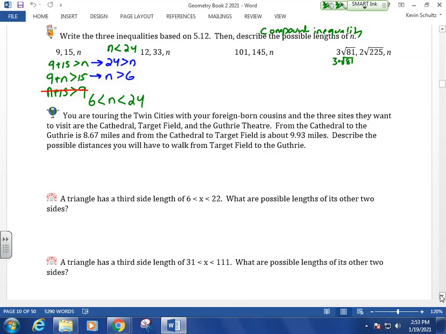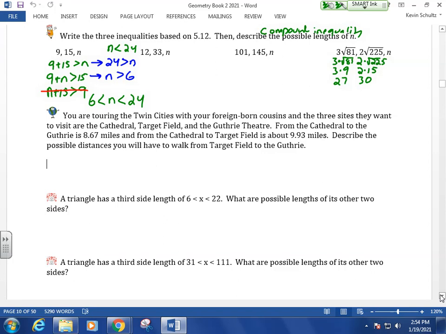Roots come before we multiply. So the root of 81 is 9. Really, all this is 3 times 9, or 27. The second one, 2 root 225, really just means 2 times the root of 225. The root of 225 is 15. So 2 times 15, which is 30.